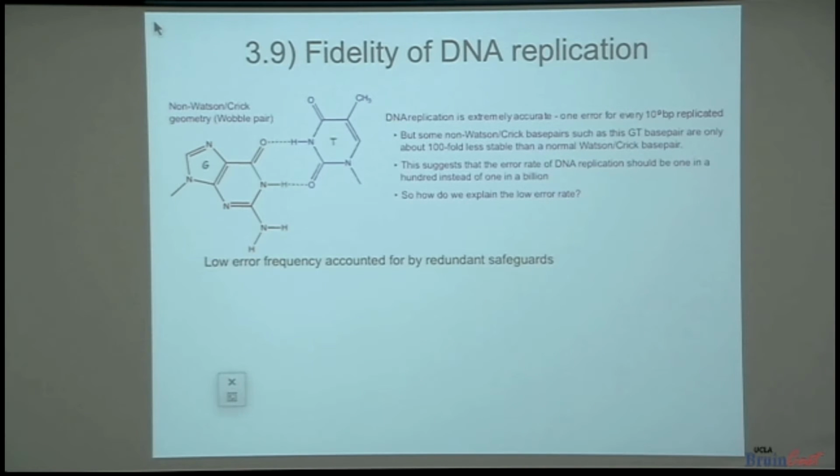It turns out that this low error frequency is accounted for by multiple redundant safeguards, and there are 3 of them that I'm going to talk about. First, the binding pocket of DNA polymerase clamps tightly around the base before catalysis, and so wobble pairs, as we sometimes call them, simply do not fit into the active site.